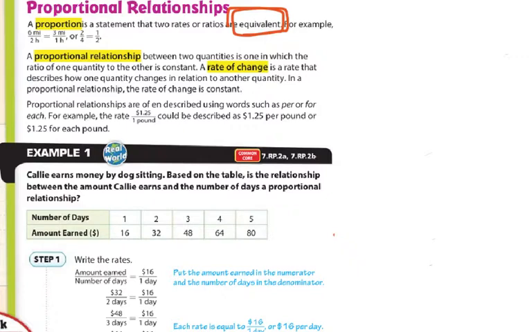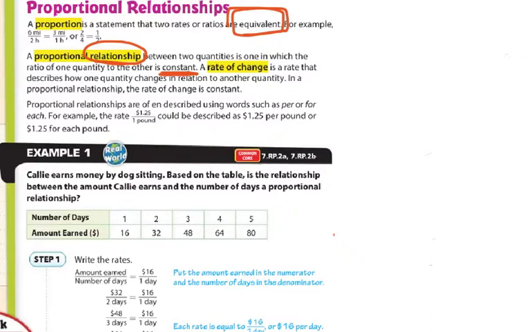That's all. A proportional relationship has to have at least two things. Between two quantities is one in which the ratio of one quantity to the other is constant, so it doesn't change. Okay, so if it's a proportional relationship, just like that problem we did above with the 3.5 inches per 1 second, and then it was 42 inches for 12 seconds, that was constant. It didn't change.